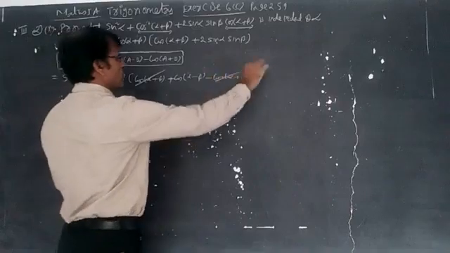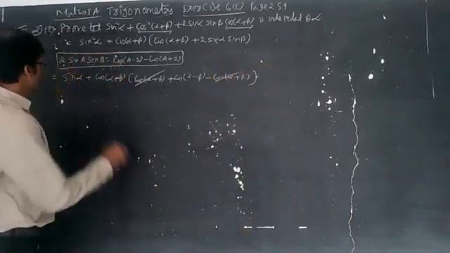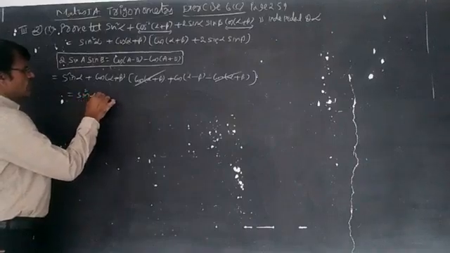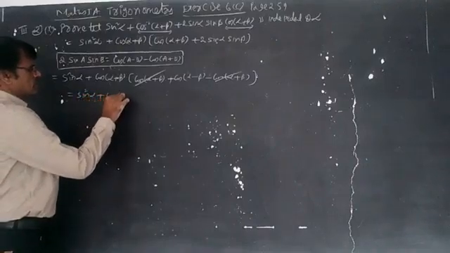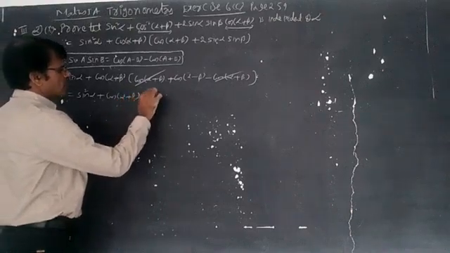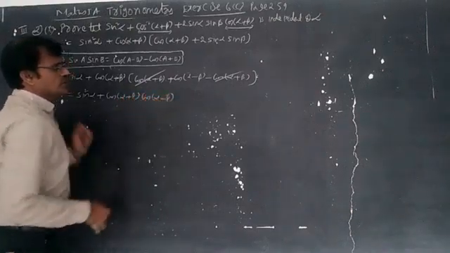So cos of alpha plus beta gets cancelled. That is equal to sin square alpha plus cos of alpha plus beta into cos of alpha minus beta, we got.